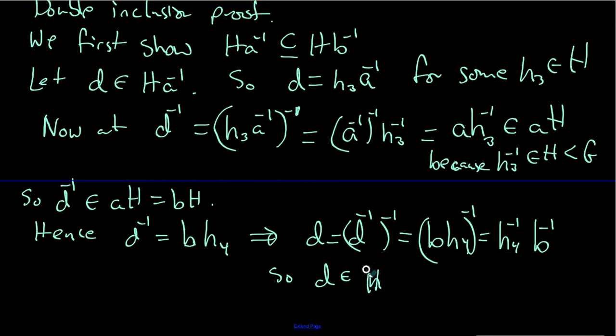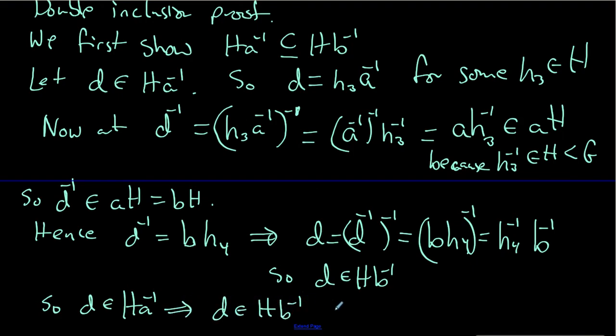This statement, that D is equal to h4 inverse times b inverse, says that D belongs to capital H times b inverse. And so what that says is that D belonging to HA inverse does imply that D belongs to HB inverse. And so we have HA inverse is a subset of HB inverse.